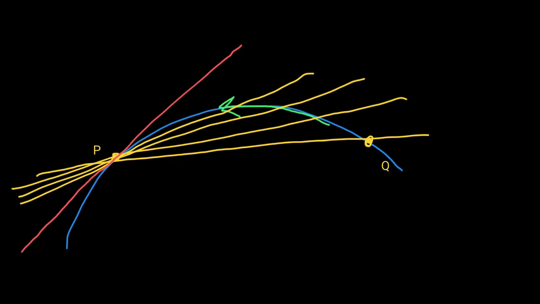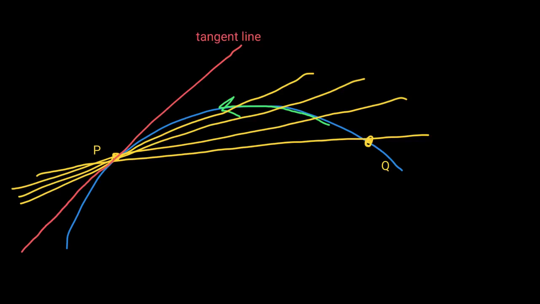So as point Q gets closer and closer and closer to P from either side, I could have drawn this picture where point Q is over here and it's approaching P from this direction. Either way, as point Q approaches point P, these secant lines are becoming the tangent line.